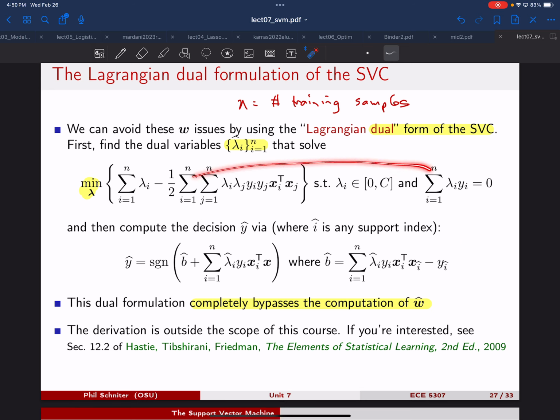So this would just be kappa of xi comma x, this would be kappa of xi comma xi hat, and this would be kappa of xi, xj. And now, let's not even think about phi anymore. Let's just define what kappa is and forget about phi.